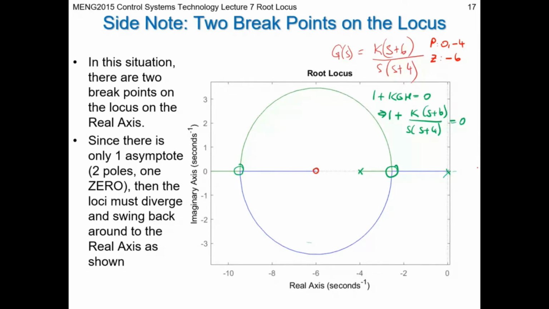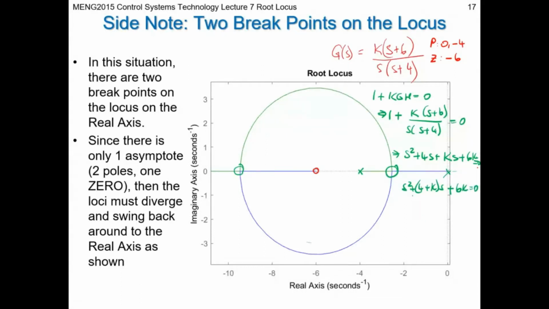Now this one's going to end up being a bit more complex. So we're going to get s squared and 4s and Ks and 6K equals 0. So we're going to end up with s squared plus (4 plus K)s plus 6K equals 0.